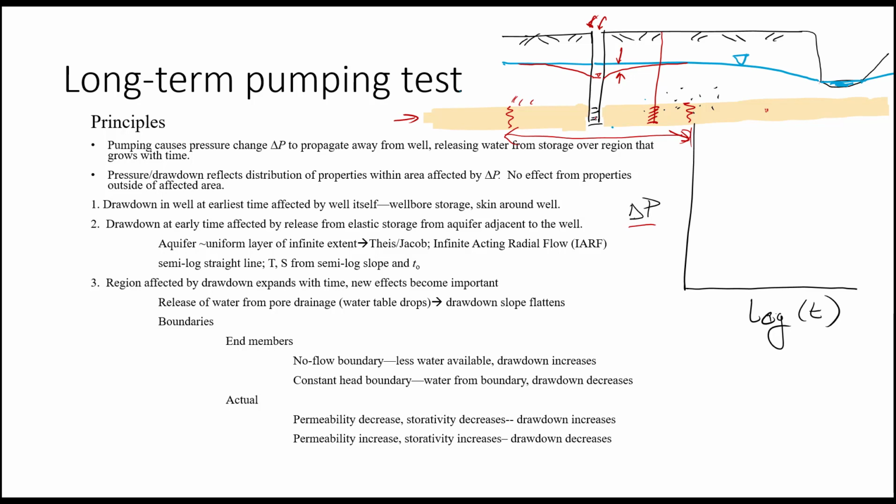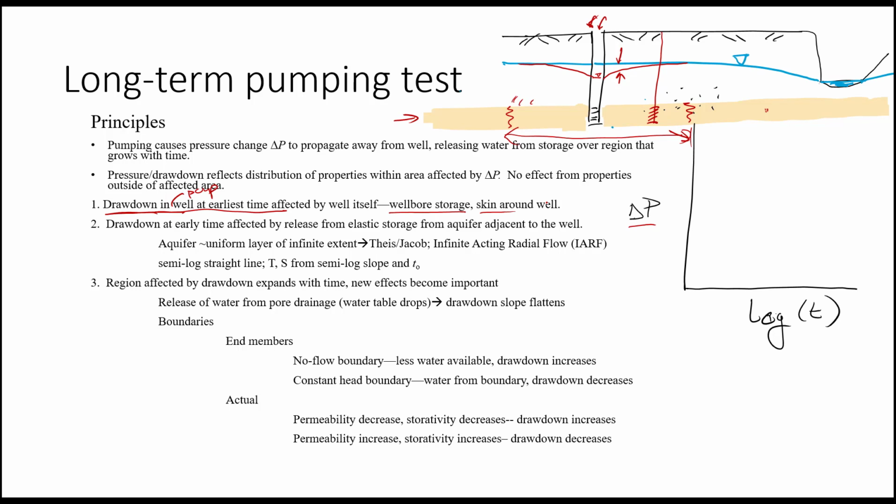And if the permeability in the vicinity of the well is low, then we may have most of the water pumped out, particularly at the beginning, be water that's just stored in the casing itself. Okay, so the drawdown at the earliest of times in the pumping well is going to be affected by the well itself. And this is wellbore storage effect, and also skin around the well will play a role at early times.